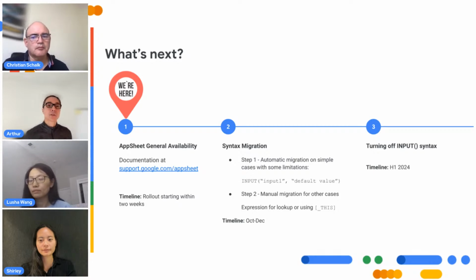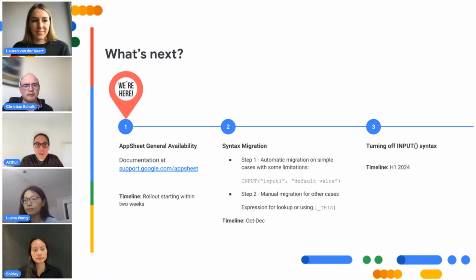This type of data action is still not supported today. We still have that in mind, don't worry. But I think we first needed to launch this to GA before we could expand some of the functionalities. All right, Lauren, back to you.